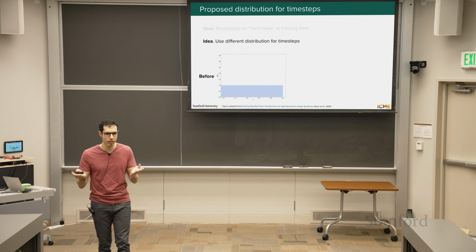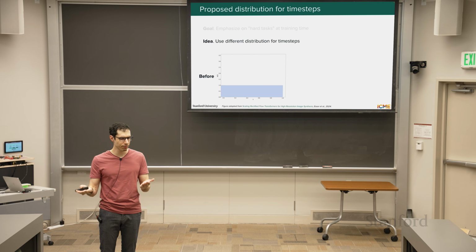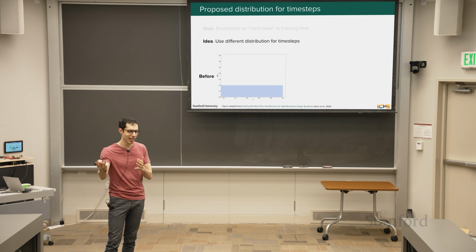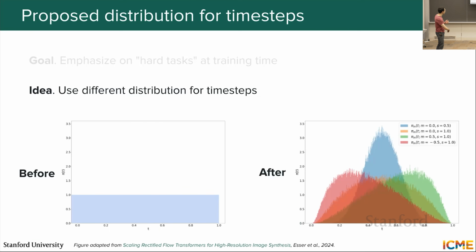And this is the reason why, in practice, people actually do not sample the time step from a uniform distribution. They actually sample from another distribution, which we're going to see in a second, that emphasizes middle steps more than it emphasizes either the early or the late steps.